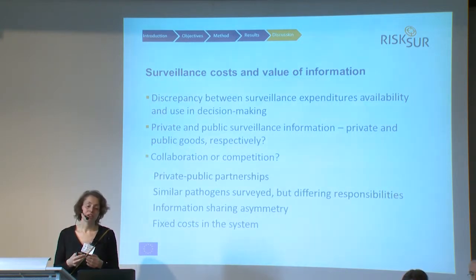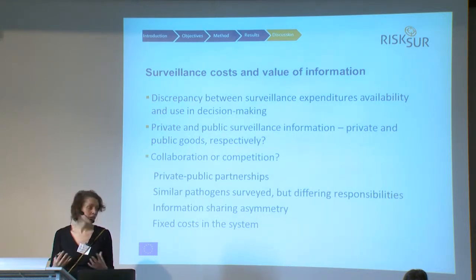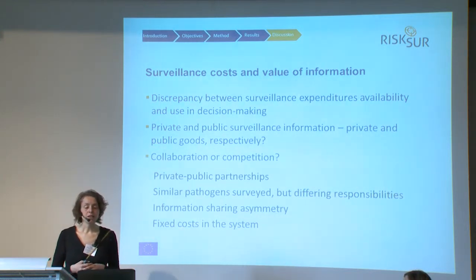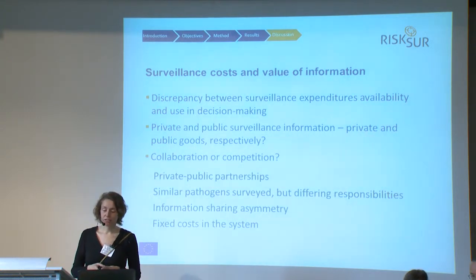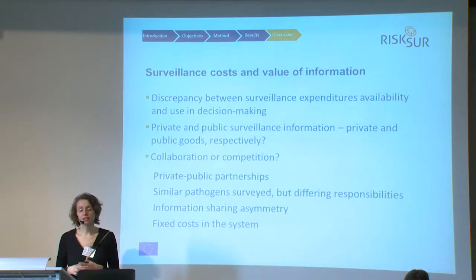This may be different where we have very strong private-public partnerships where the information is shared and exchanged. So there may be some information sharing asymmetry, which may have implications for the way we allocate resources and shape our systems.